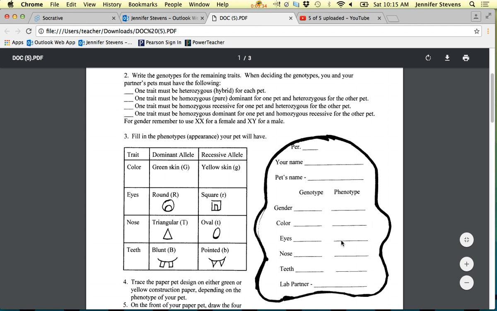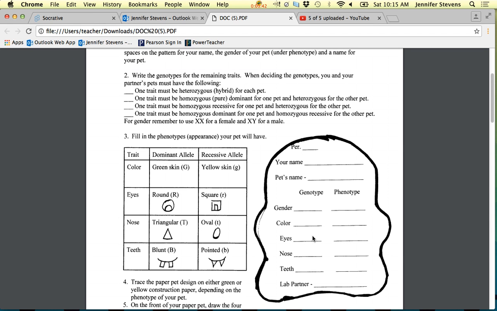And then phenotype, remember, is your physical appearance. So based on what is here, what color skin will this paper pet have? Based on what genotype is here, what kind of eyes will we see on this paper pet?